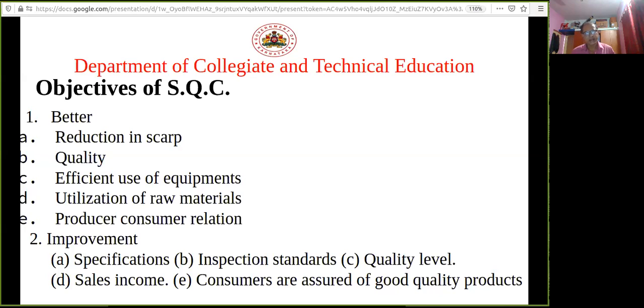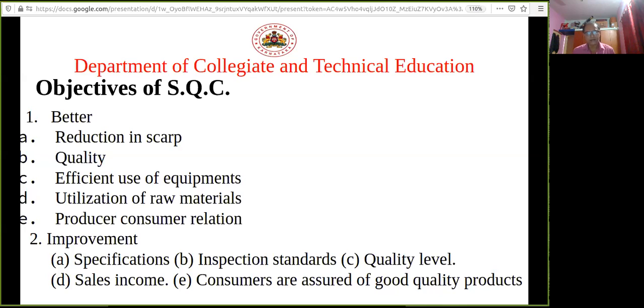And the next says that sales income. So when a company manufactures quality products, naturally the sales income will also increase, because when a customer wants to buy certain things, when he goes to a mall or the shop, naturally he will see the product by the name of the company.